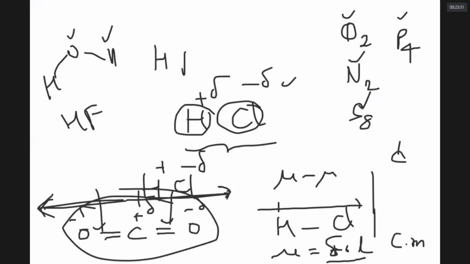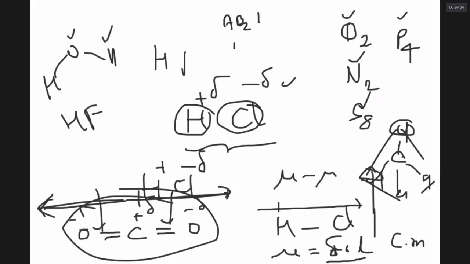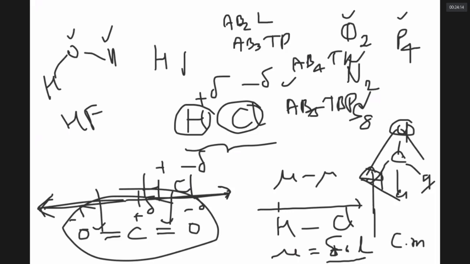In CCl4, there can be bond moments because C and Cl have different electronegativities, but overall they cancel each other. Symmetric molecules which are AB2 linear, AB3 trigonal planar, AB4 tetrahedral, AB5 trigonal bipyramid, AB6 octahedral, all have zero net dipole moment. That's a different story. I'm not worried about that.